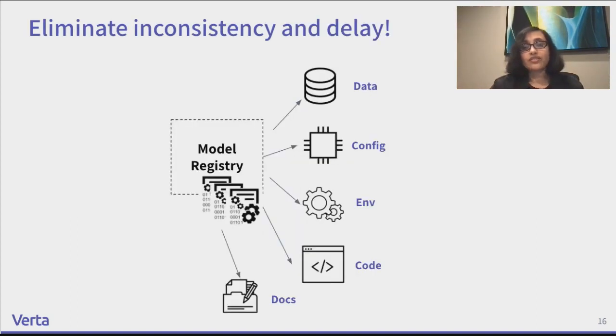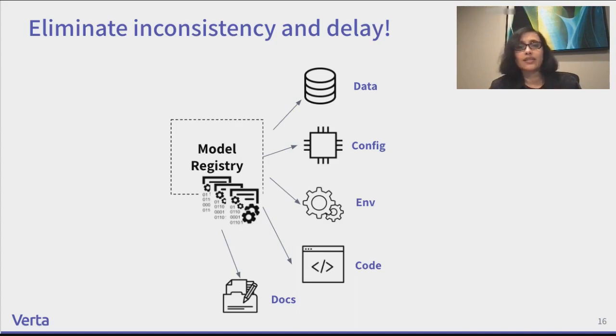Now, model registry comes very handy in this process to help eliminate these kinds of inconsistencies and undesirable delay. Because with a model registry, you can ensure that anytime you're making a model ready for release and logging it to registry, you're also logging the key model ingredients that the stakeholders can access.